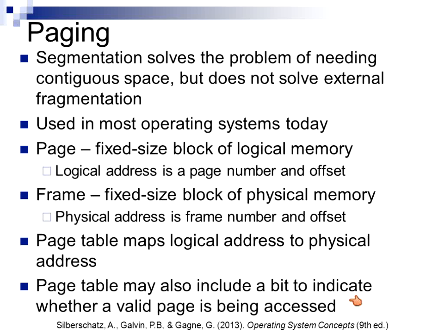And so we're kind of breaking things down even farther into these pages. And what we want to do is actually usually use a combination of segmentation and paging in most operating systems today.